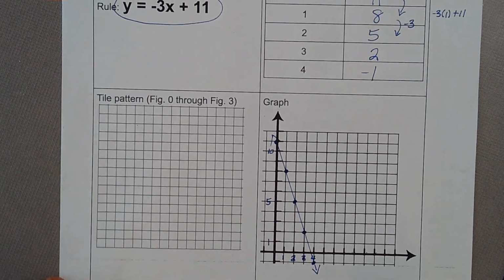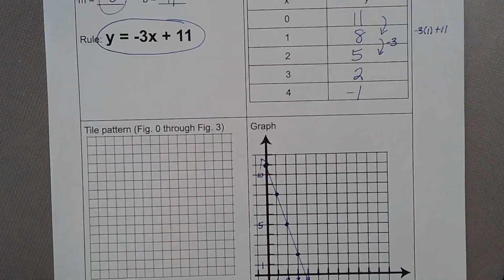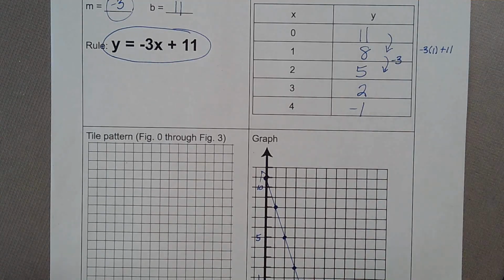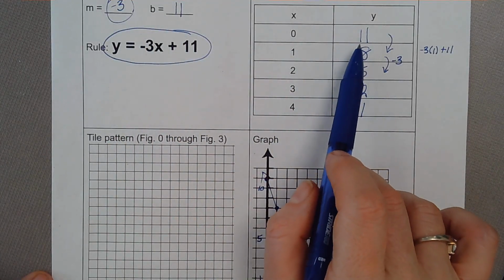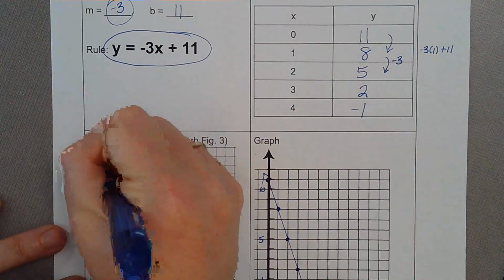The last thing we need is a tile pattern. So figure 0 through figure 3. And what I want to think about is, what is the best way that I can show shrinking by 3 every single time, which makes a pattern? And I know that if I'm starting with 11, I've got 3 groups of 3. So I'm going to start with that for figure 0.